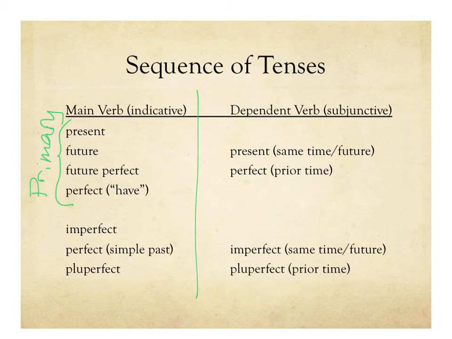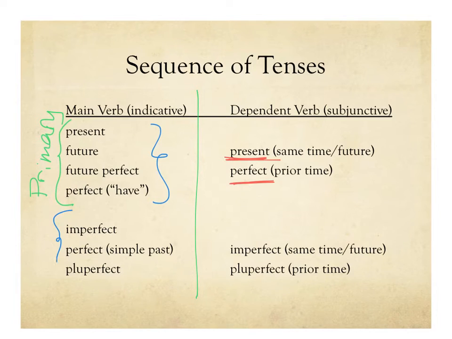You're either going to use a present subjunctive, and the present subjunctive is going to show something that's happening at the same time or is going to happen after the action of the main verb. And if the action in the dependent clause has happened before that, then we use the perfect to show prior time. And if your main verb is one of these tenses, then your only options are the present or the perfect subjunctive. You're never going to see the imperfect or the pluperfect subjunctive.